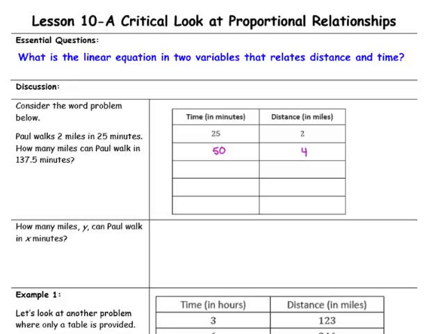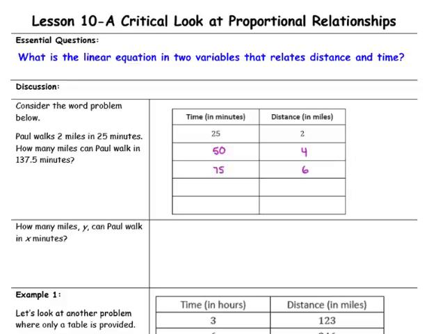How many miles would Paul be able to walk in 75 minutes? 75 minutes is 3 times the amount of minutes. So if the minutes triples, then the distance would triple also, giving us a distance of 6 miles.